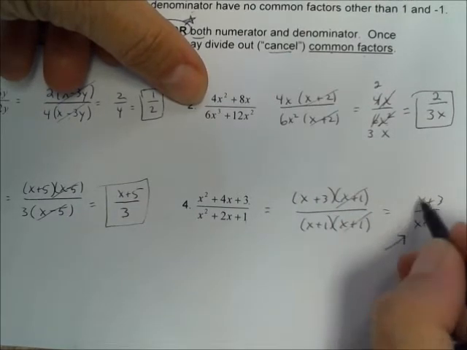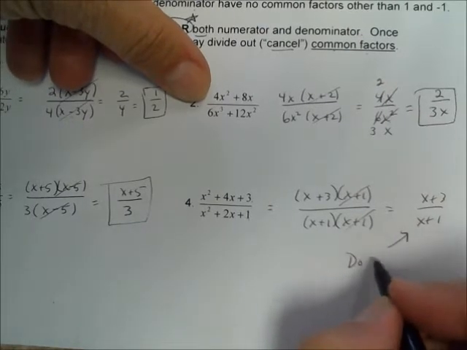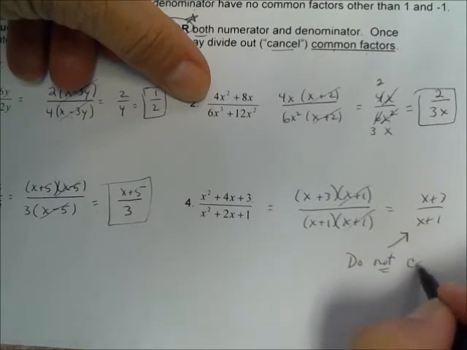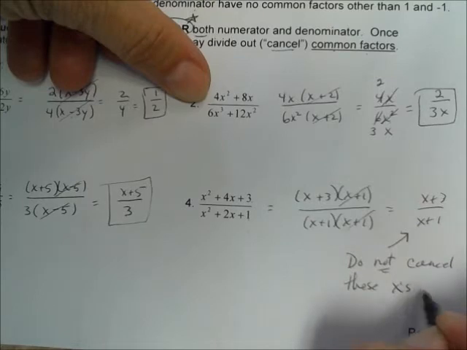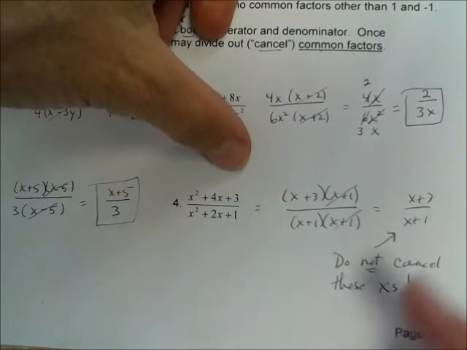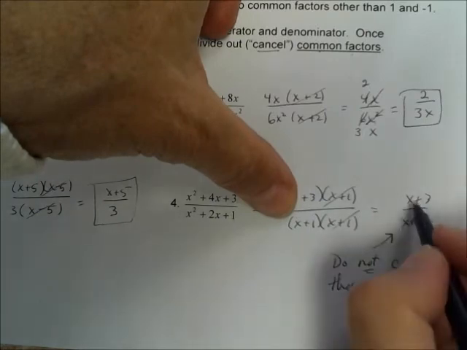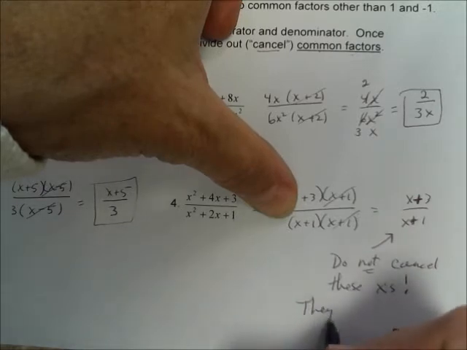And do not cancel those x's because they are not factors, they are called terms. Do not cancel these x's. They are terms, not factors, because of this plus sign right here. This plus sign makes it a term, not a factor.